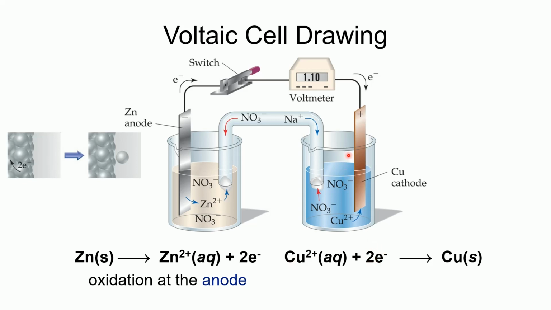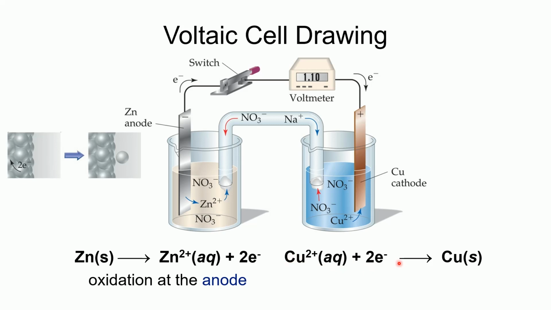Now, one thing that I want to point out is that when this oxidation occurs, we don't have to wait for some period later for the electrons to react over here. These happen simultaneously. So at the same instant that 2 electrons are being produced here and moving up the wire, 2 different electrons are being used up over here. That way we have a constant number of electrons in our circuit.